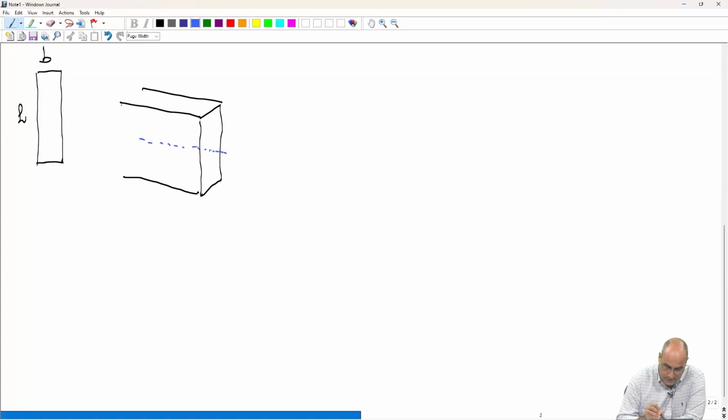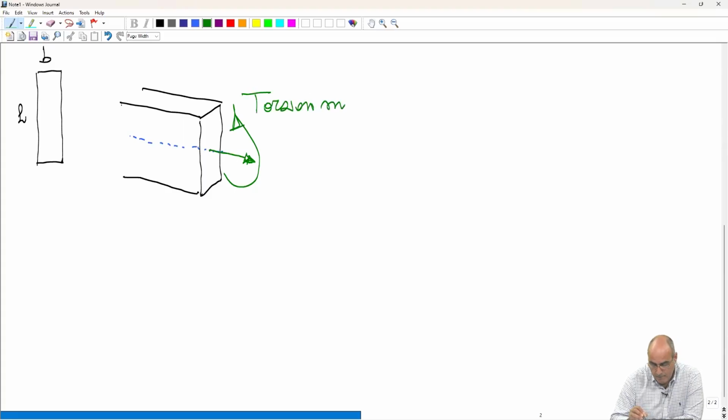This is the axis of the beam. And you have the torsion moment as above. So it's this one, okay? This is the torsion moment T.